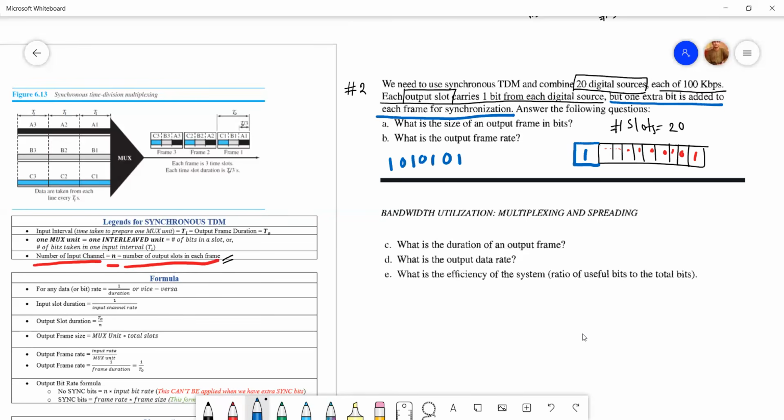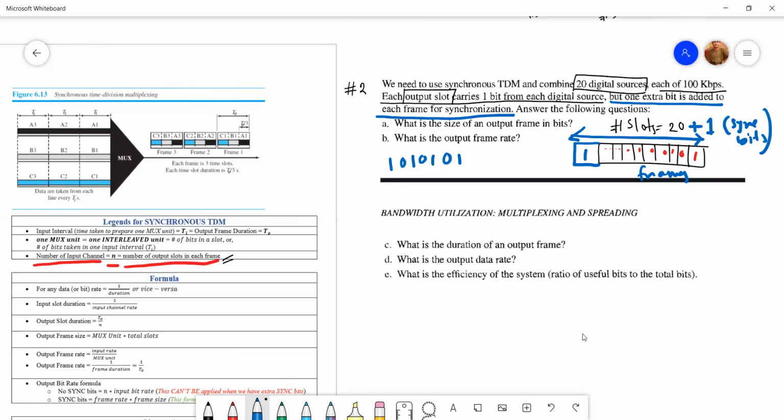So each complete frame will have 21 slots, because the 20 slots are from the digital sources, plus one slot for the synchronization bit or sync bit. So there will be 21 slots in total.